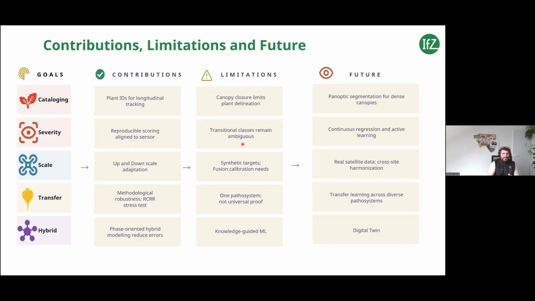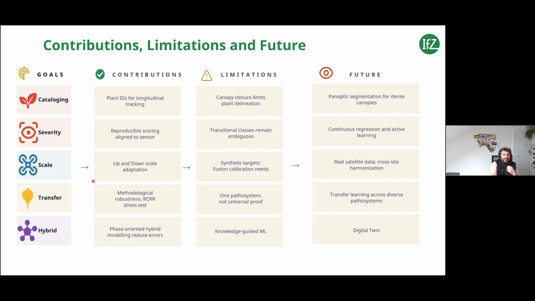The next step is to transform this into a continuous severity regression, trying to understand what happens in the middle. Also, some kind of active learning labeling could help here.